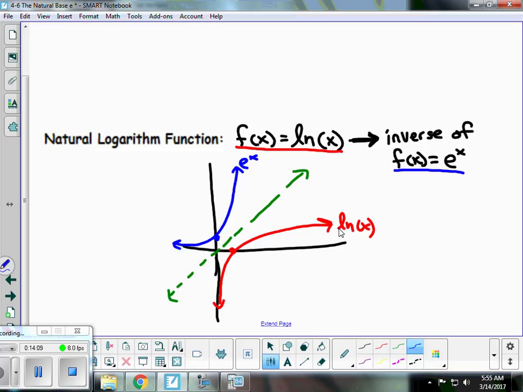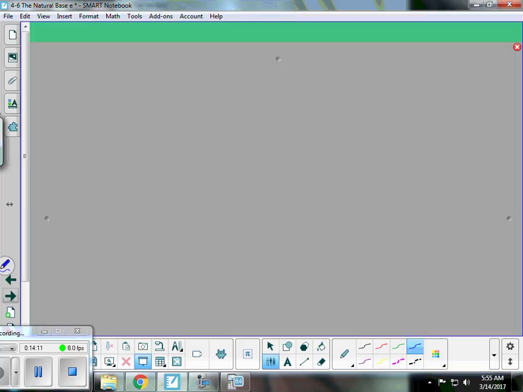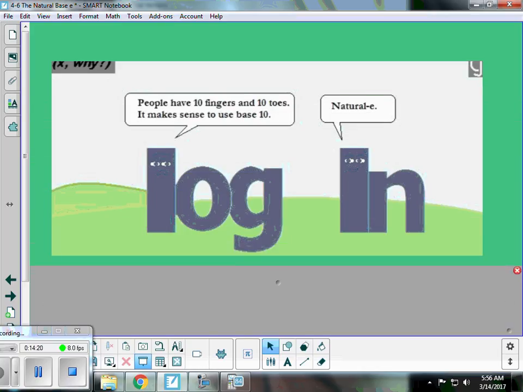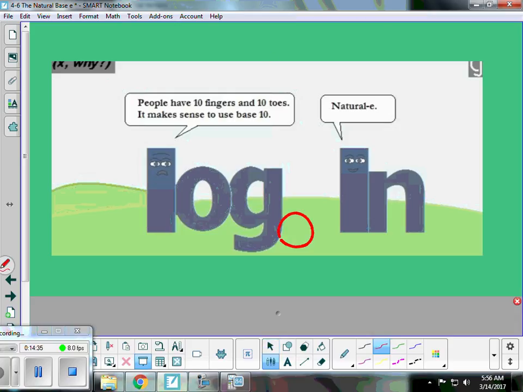All right, let's utilize another joke. Let's see. I don't know what this one is. Oh, this is that joke on the cover. All right, so the log says people have 10 fingers and 10 toes, it makes sense to use base 10. And remember, if there's log and there's no number written, it's called the common logarithm because it's an unspoken base 10.